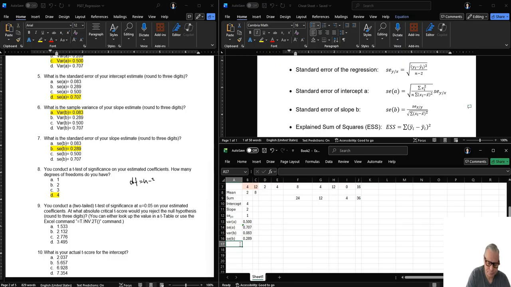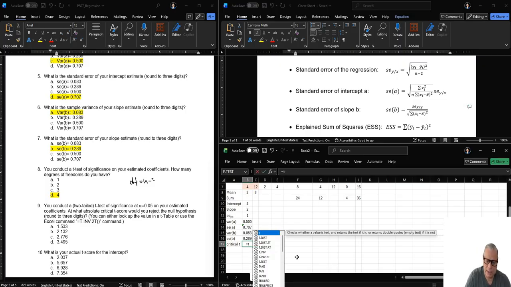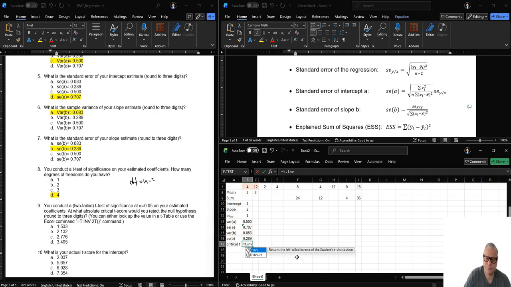So then the critical t for rejecting the null hypothesis would be determined by the formula T.INV. And then, because we want to have 0.025 or 2.5 probability in each corner, we can get that critical T with the formula T.INV 0.025, 4 degrees of freedom.